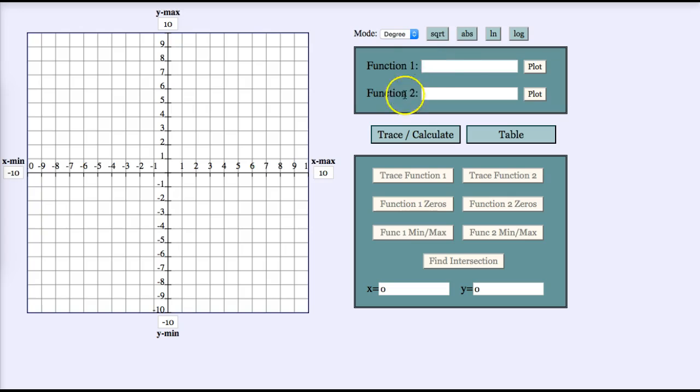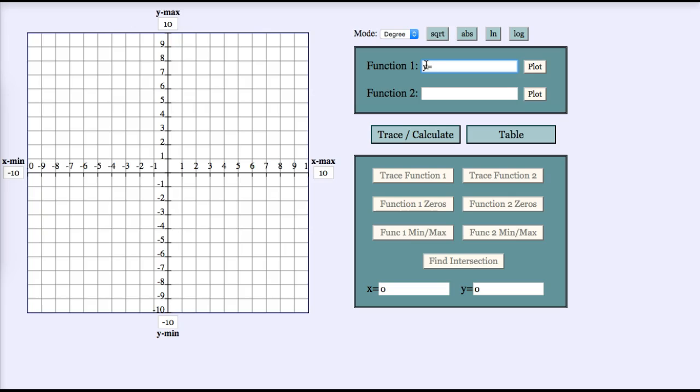And over here where it says function 1, function 2, that's where you're going to enter the equation that you want to plot. In this video, I'm going to go through the same problem that we did in the last x-intercept video that you watched, where it didn't necessarily cross the x-axis. So where it says function, I'm going to type y equals.